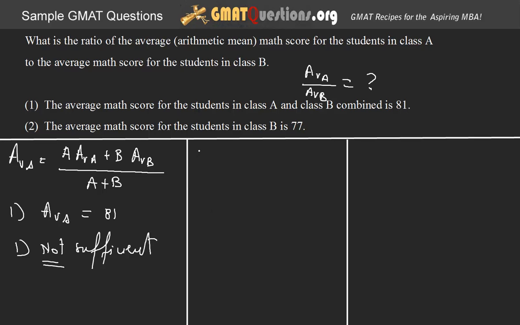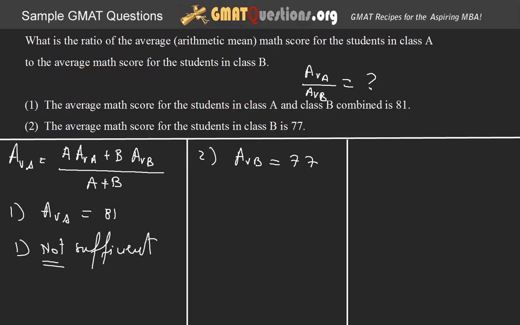How about number two? Number two, we are given that the average math score for the students in class B is 77. So using this notation, this means that AVB equals 77. That's the only thing we have.